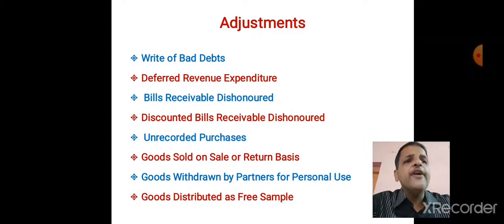For such expenditure, whatever amount we are writing off for that particular year should be recorded on the debit side of profit and loss account, and whatever is not written off is shown on the balance sheet asset side.